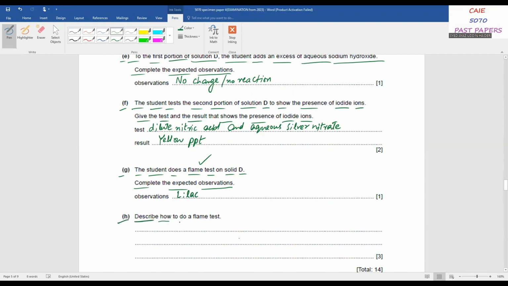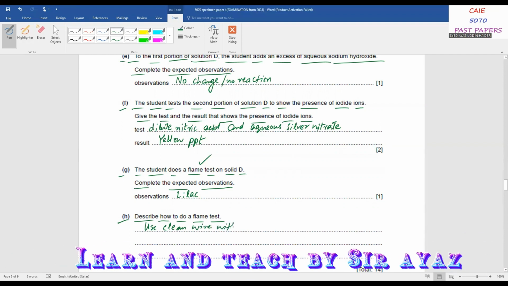H, describe how to do a flame test. Now you can write any three from these. Use clean wire with solid sample.